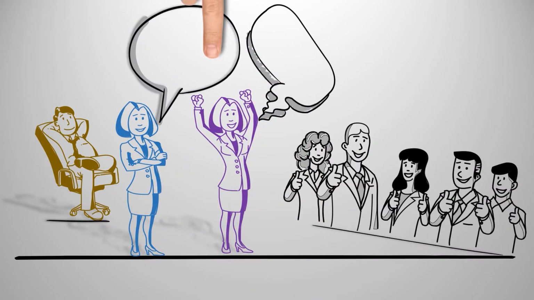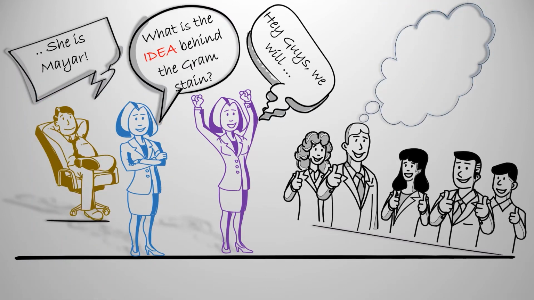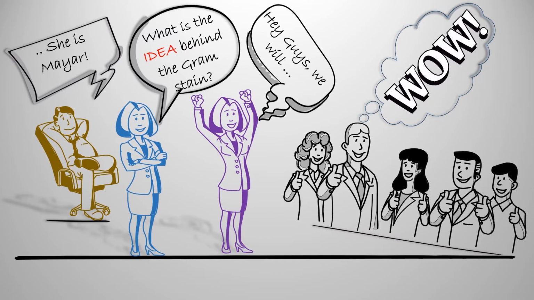Thus, the idea behind using gram stain, and also the idea behind why gram stain is the foremost and most popular stain used in bacteriology, is that it easily divides a big kingdom into two categories: the gram-positive stained bacteria and the gram-negative stained bacteria.